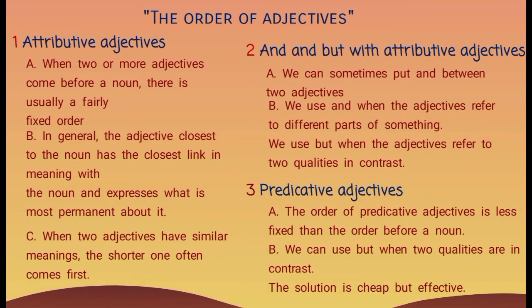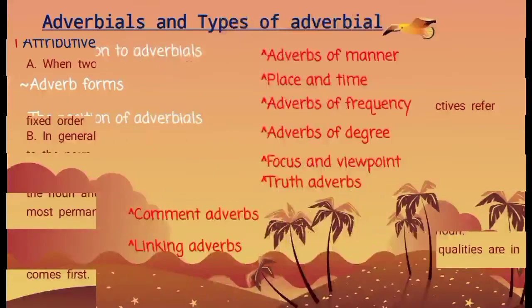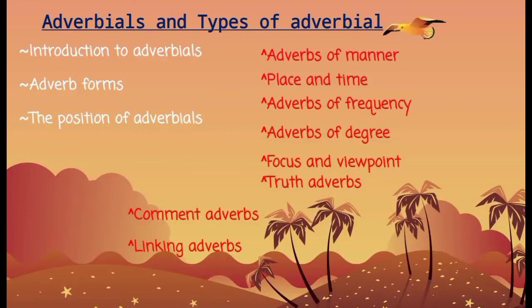The order of adjectives. Number 1, attributive adjective. Number 2, and, but with attributive adjectives. Number 3, predicative adjective. Next, adverbials.